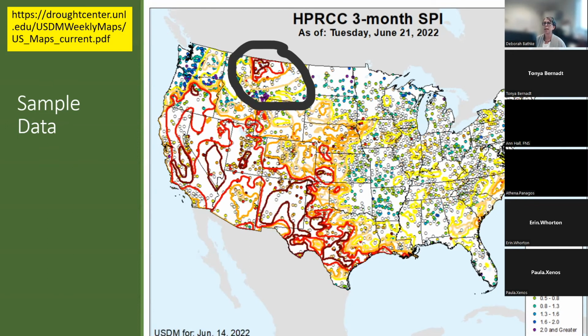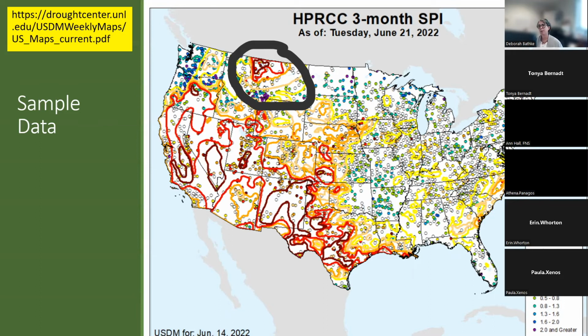If we look at 3 months, we're looking at the prior 3 months ending on that day's date as of Tuesday. We can see some D3 conditions, some red, a little bit of D4 there, and then over on the eastern part of that area, we see some near normal conditions at 3 months.